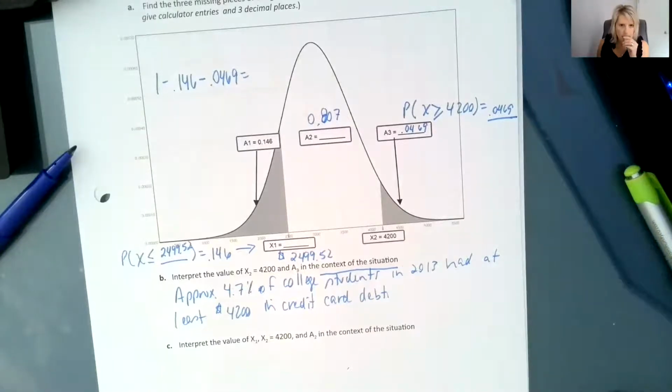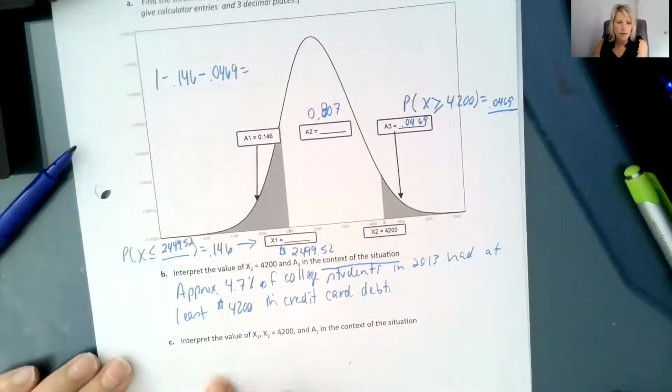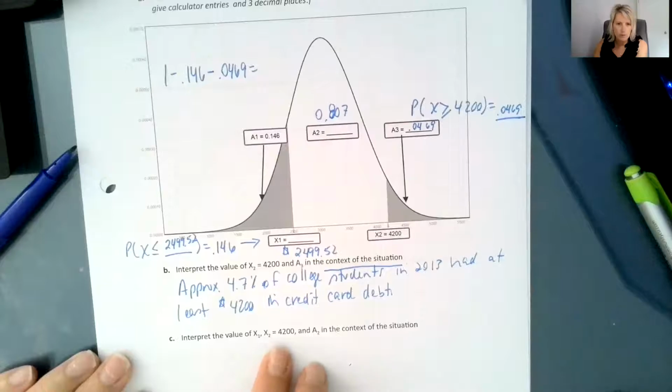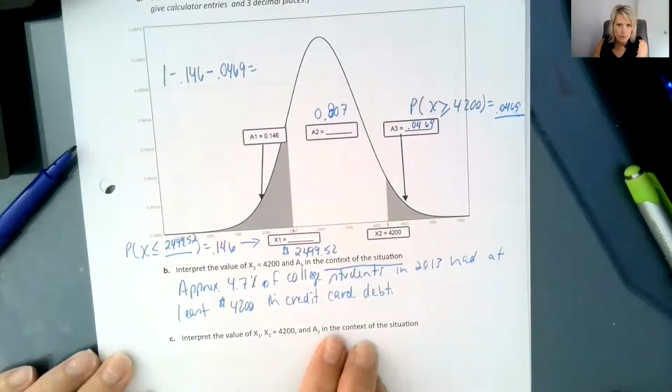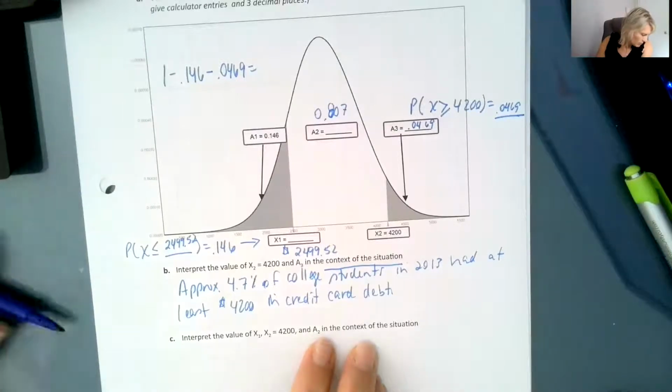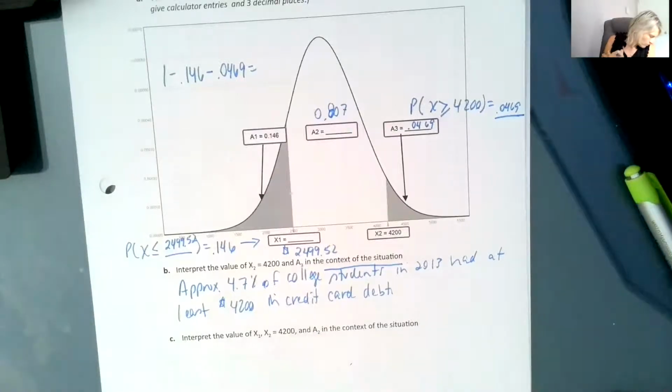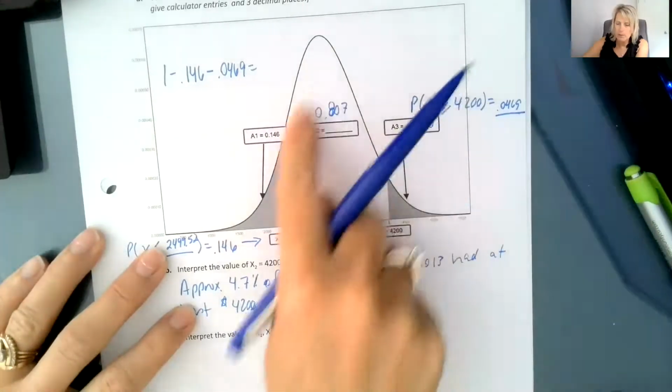And the second one says, interpret the value of X1 and X2 and A2. So we want to interpret this space in between here.